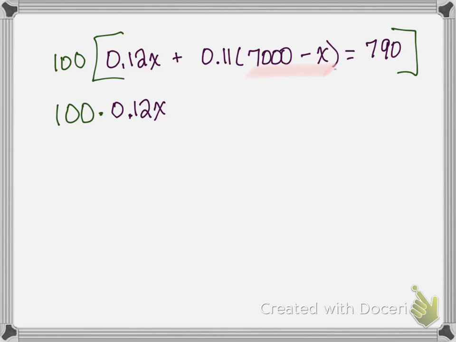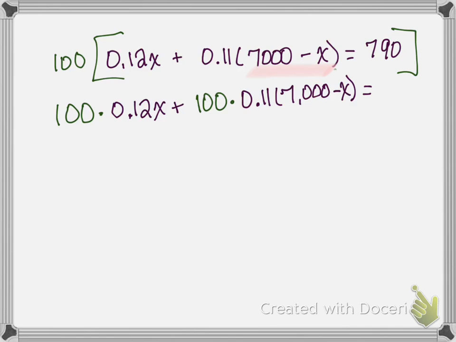So we've got 100 times 1200ths x. Then I've got 100 times this entire quantity. So I've got 0.11 times 7,000 minus x.